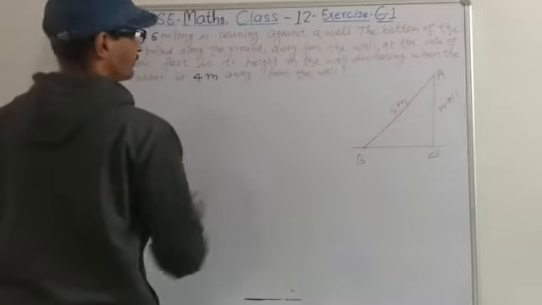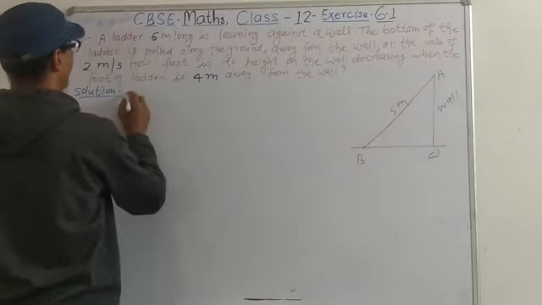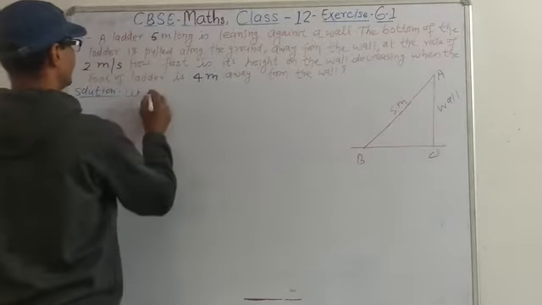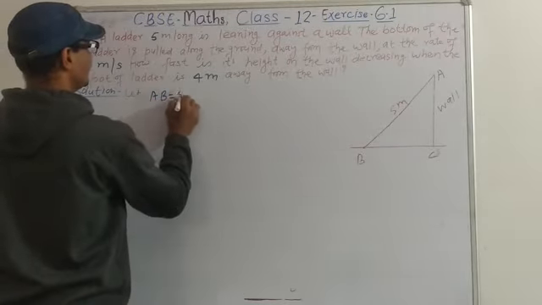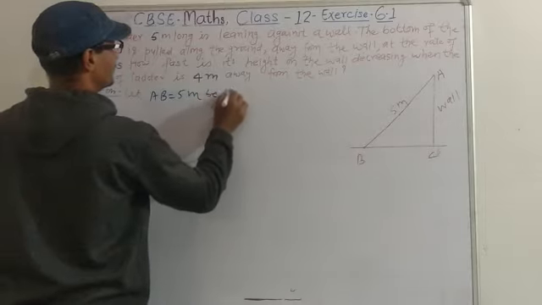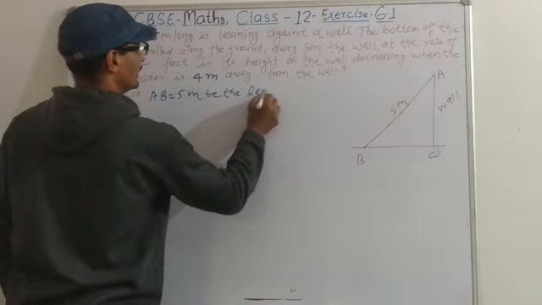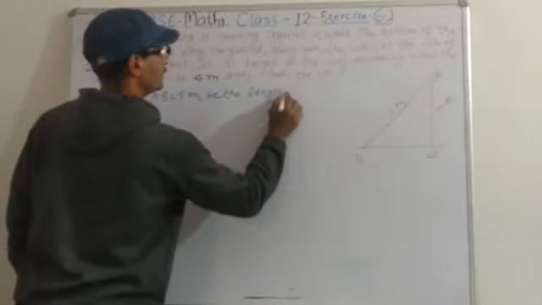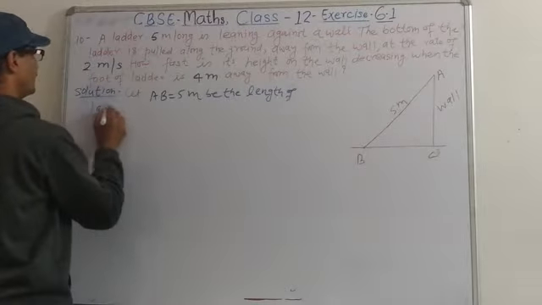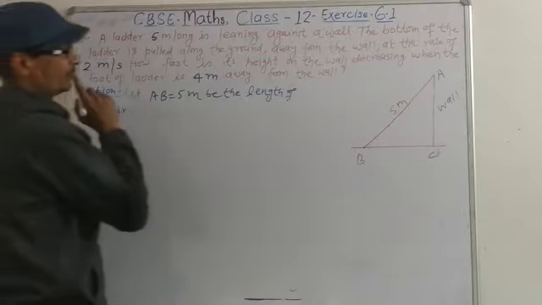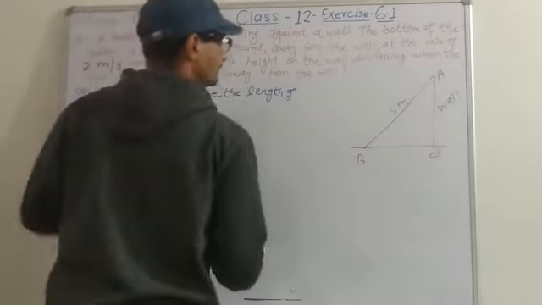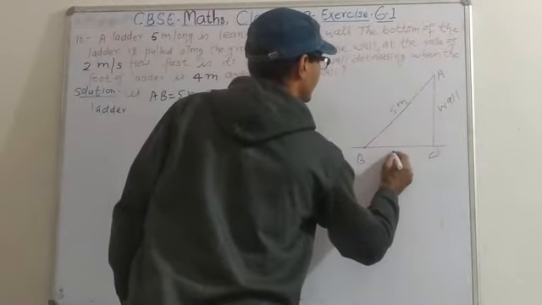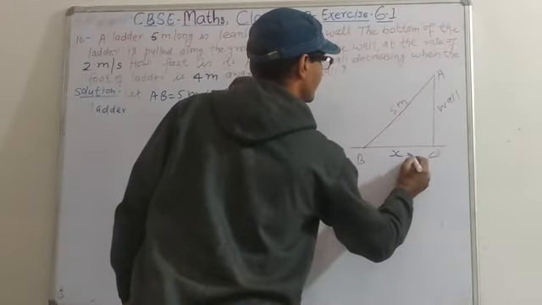So first of all, we write here what is the length. Let AB is equal to 5 meter be the length of ladder, and this suppose it is x meter.